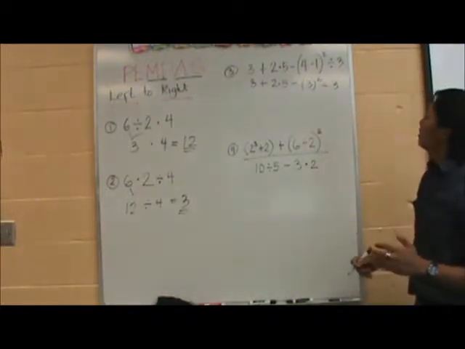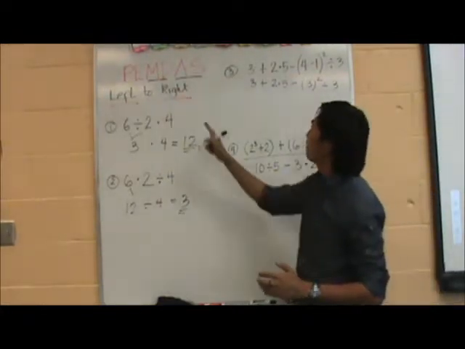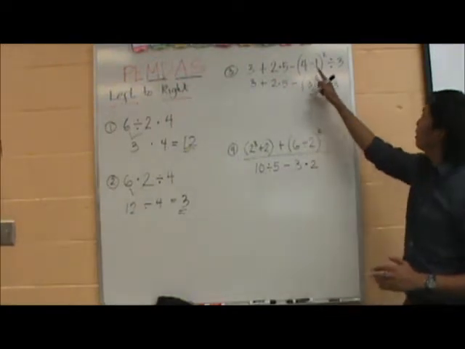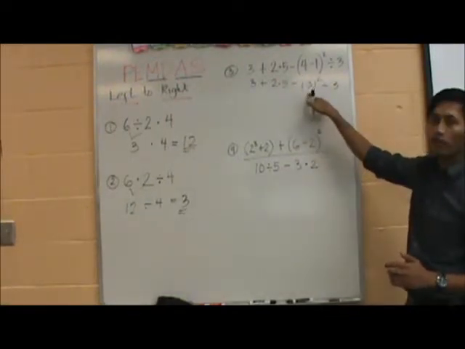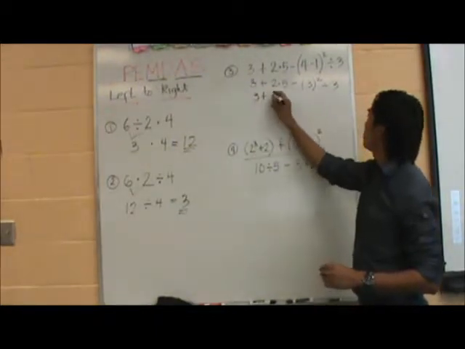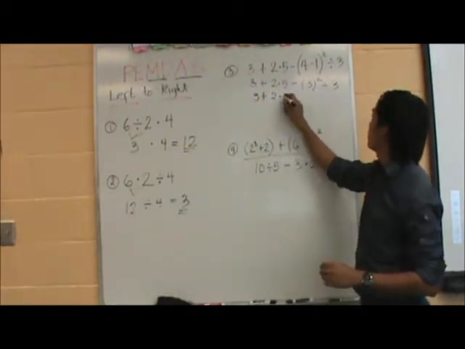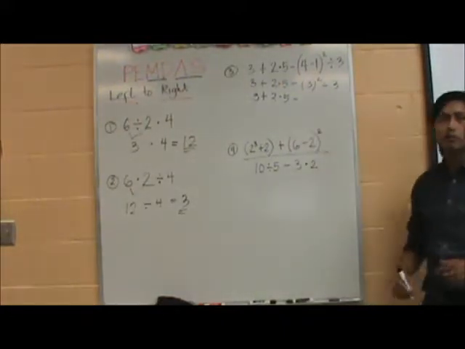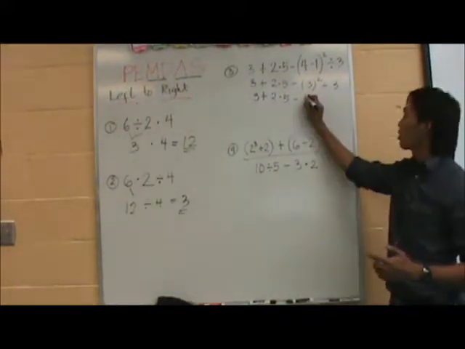Next we need to do the exponent. We need to simplify 3 squared. We're going to copy 3 plus 2 times 5, minus 3 to the second power, which will give you 3 times 3.